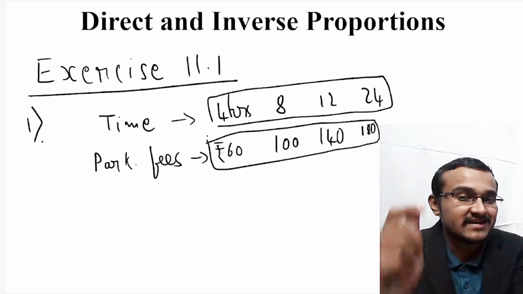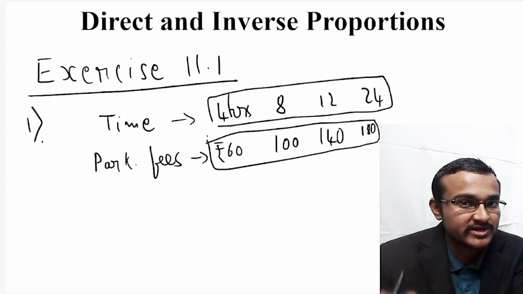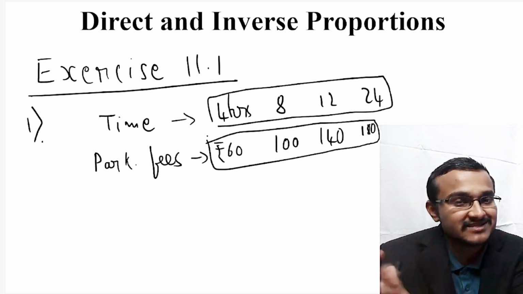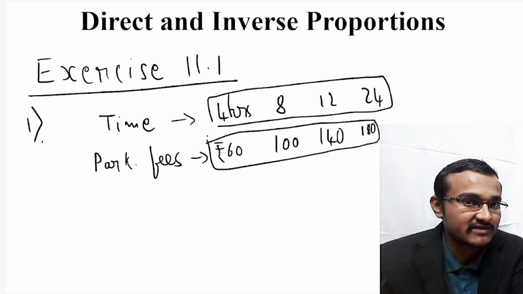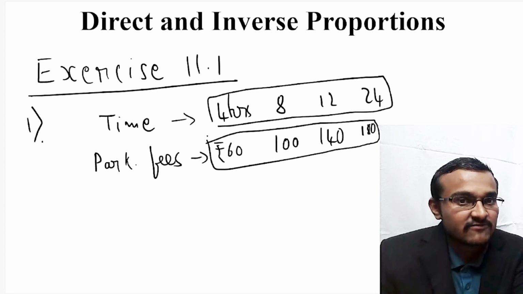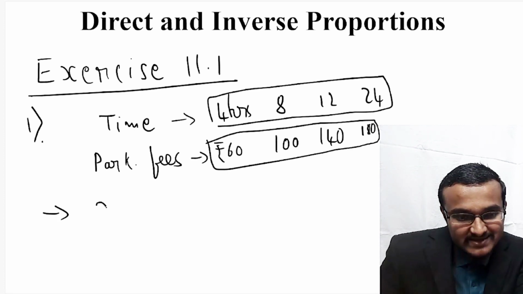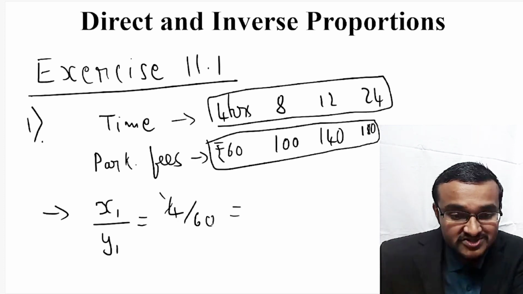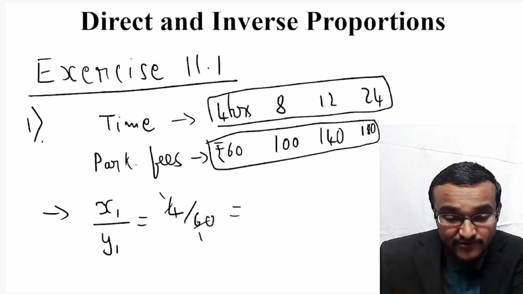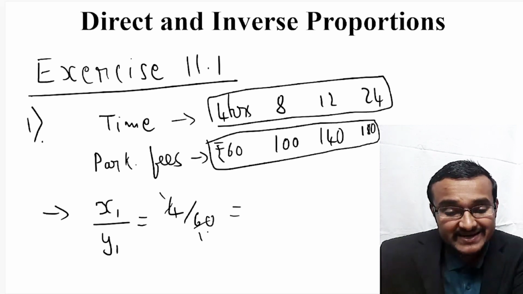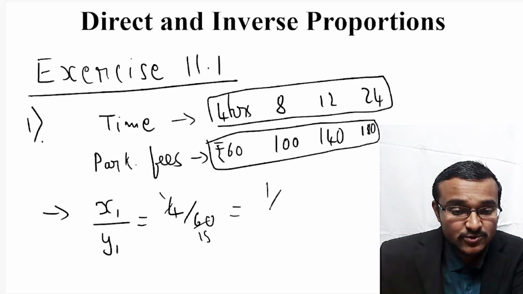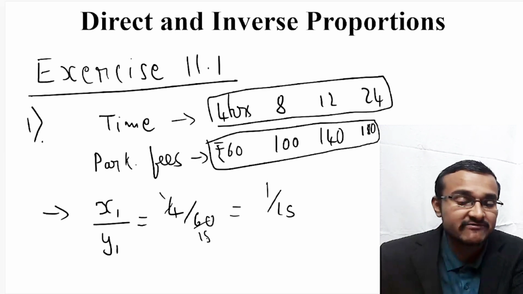So here let us check whether all these x1 by y1, x2 by y2, x3 by y3 are equal to each other, equal to one particular value or not. So here x1 is 4 and y1 is 60. 4 ones are 4, 4 fives are 20, so 1 by 15 is the x1 by y1 value.